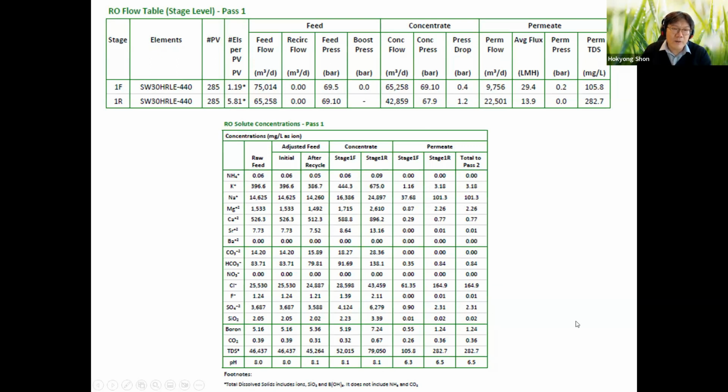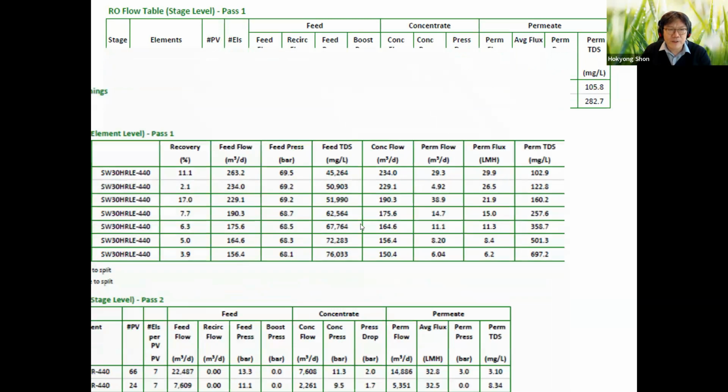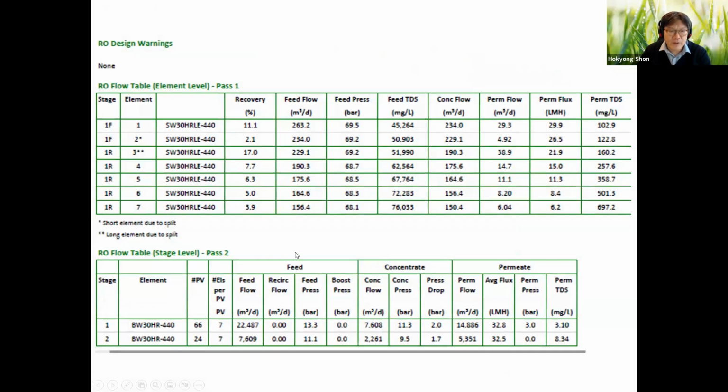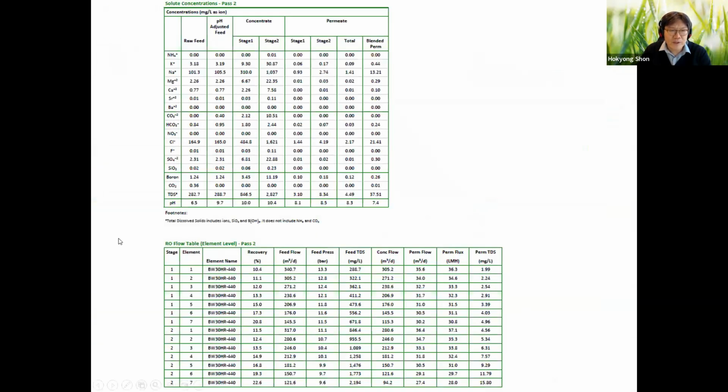So you will have RO pass 1, your concentration. Also pass 2, you have similar information based on your pass 2. You can see the boron concentration: it was 0.55, and then it was initial. This is the second pass. The final boron concentration is 0.26, which is much better than the first pass.